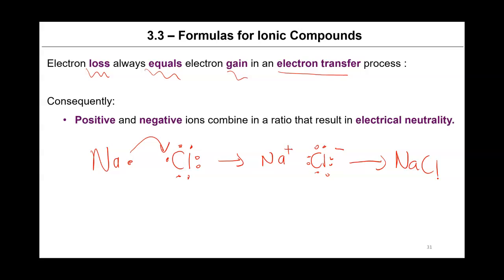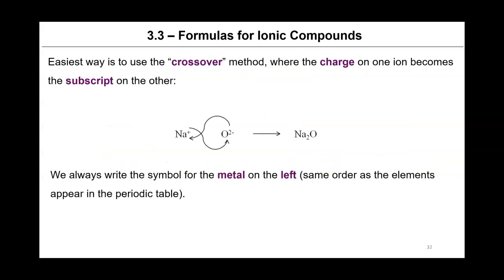That is, positive and negative ions will always combine in a ratio that gives us electrical neutrality. The difficulty for us is that we need to figure out a reliable method for determining this ratio.